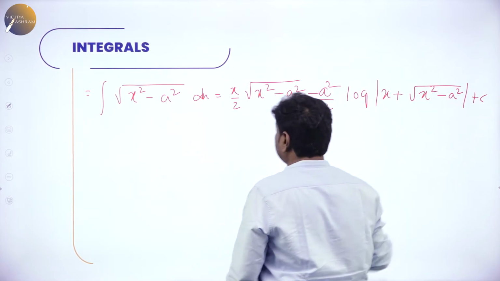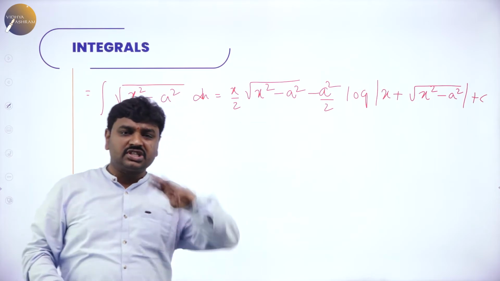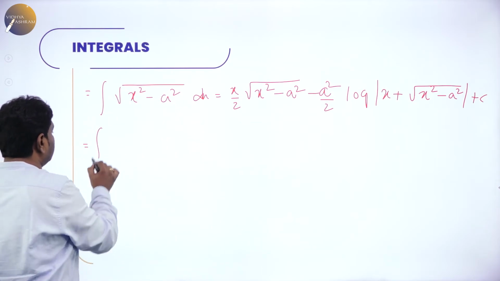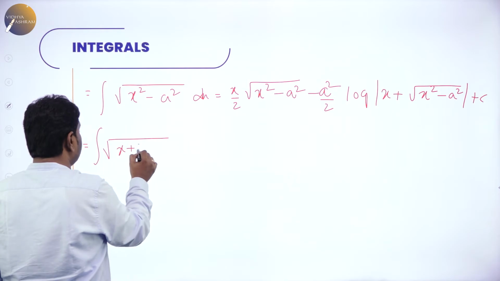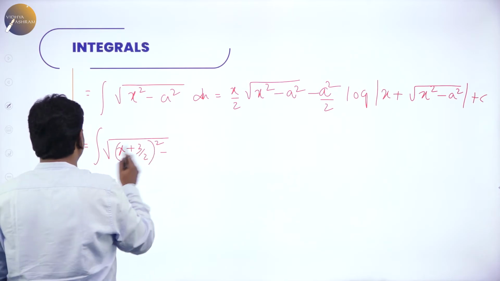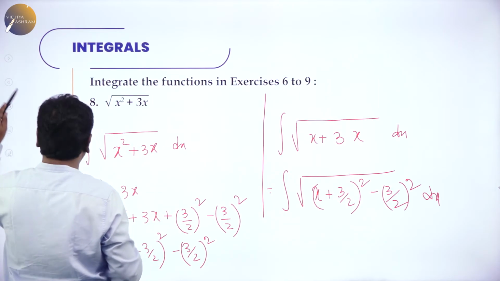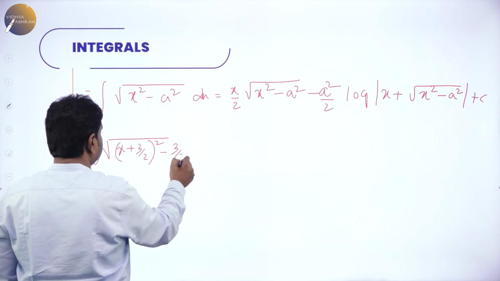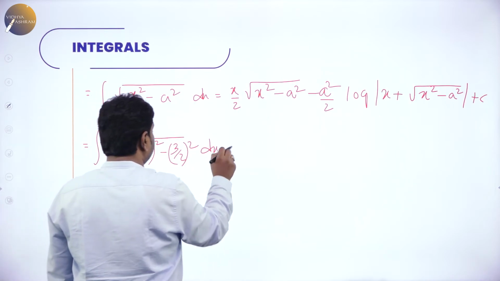I told you to recollect or remember the formulae, three specific integrals. Now the given problem resembles the same form. It is in the form of (x + 3/2)² − (3/2)² dx. That will give you x/2.